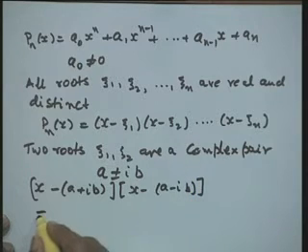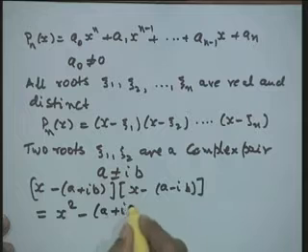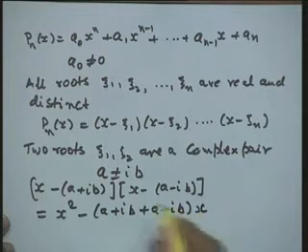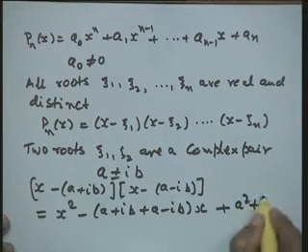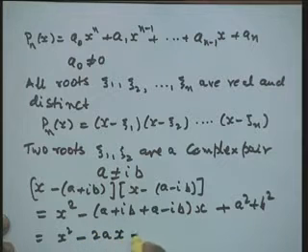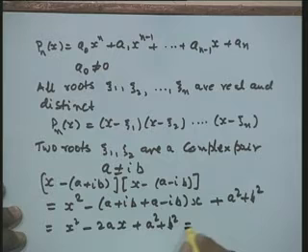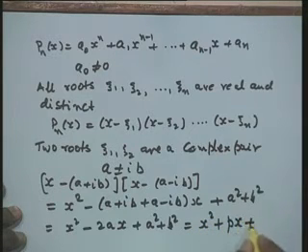Multiplying it out, I would get x squared minus of a plus i b plus a minus i b into x, plus a squared plus b squared, that is x squared minus 2 a into x plus a squared plus b squared, or I will write x squared plus p x plus q.